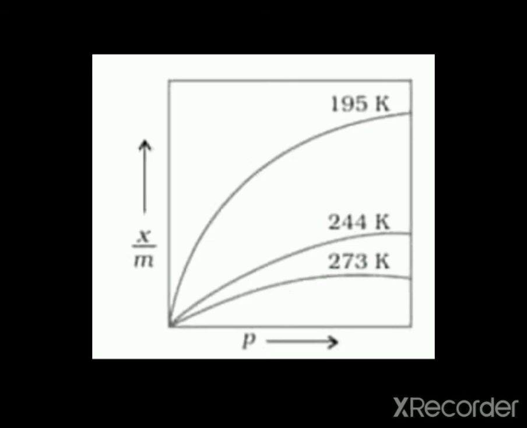Similarly, the next variation is studied at a constant temperature of 244 Kelvin and the third one at a constant temperature of 195 Kelvin. Each curve shows a variation in the amount of the gas adsorbed with pressure at constant temperature.